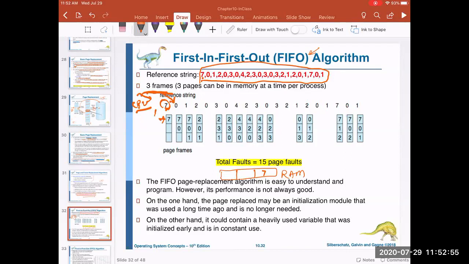In that case, again the page table would be looked into. This is your page table, let us suppose it goes like 0, 1, 2, 3, 4, 5, 6, 7.